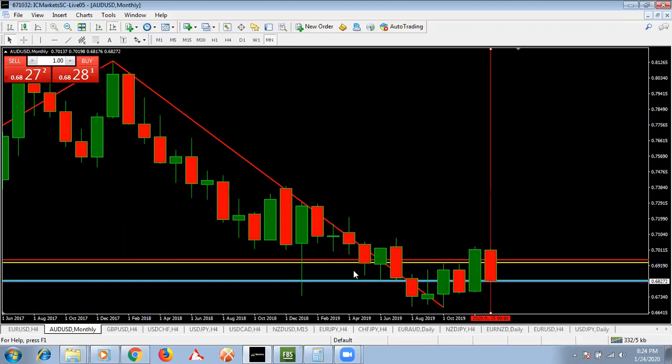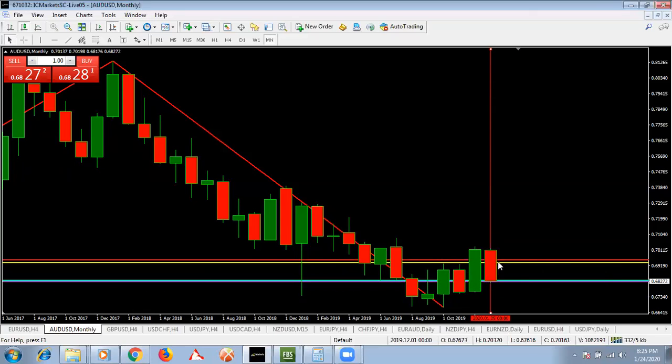So looking at the monthly time frame, the market is trading below the weekly and the monthly PV price level.